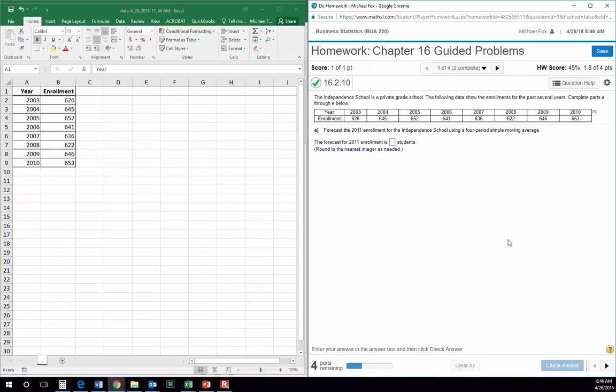All right, so this is the independent school. Here's their data showing their enrollments for the past several years. The first thing they want us to do is forecast the 2011 enrollment using a 4-period simple moving average.